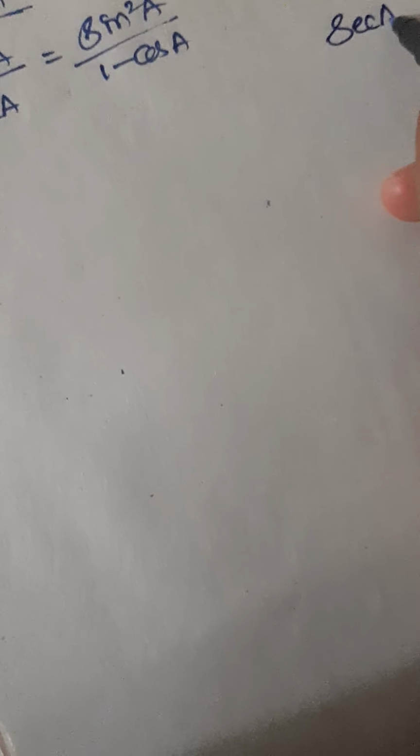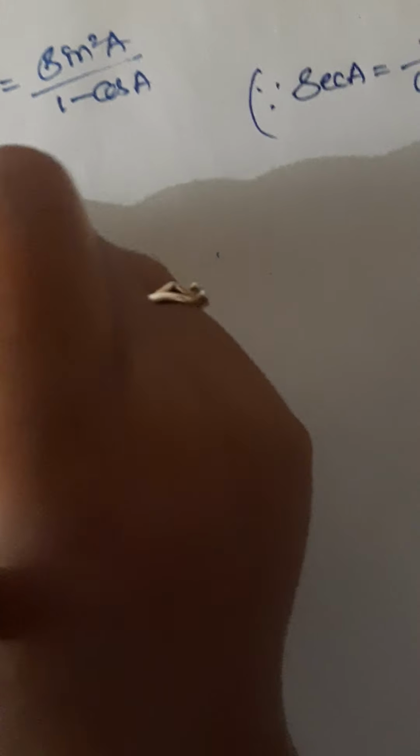Let's take our LHS. For this LHS, this secant a is equal to, we have a formula, that is 1 by cos a. This thing we already know. So let's interchange this in this form. LHS is (1 plus sec a) divided by sec a, which is equal to (1 plus 1 by cos a) divided by 1 by cos a.